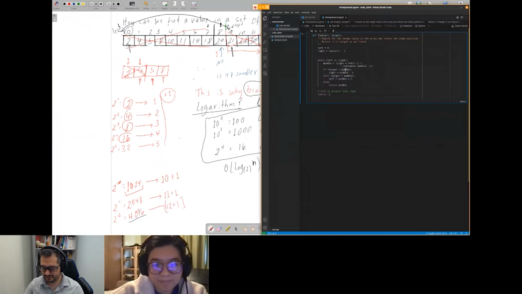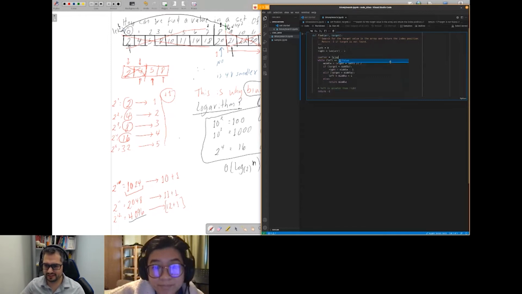So what about we keep track of that? What about declaring a variable in here, let's say is after, and this is going to be a Boolean. And I'm going to initialize it to False.